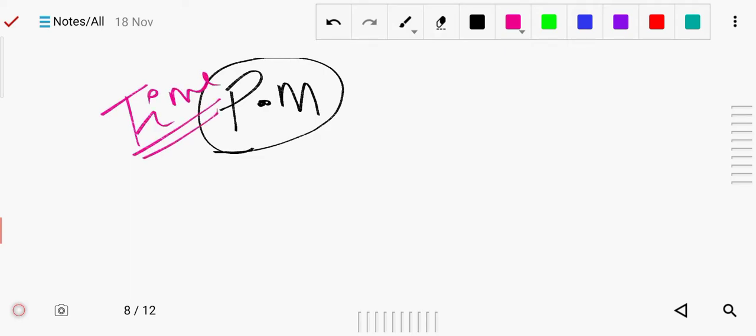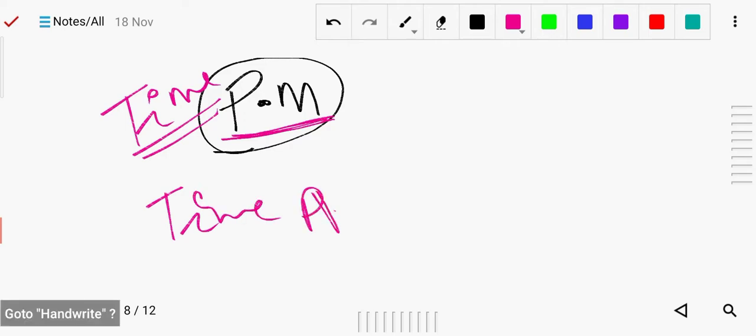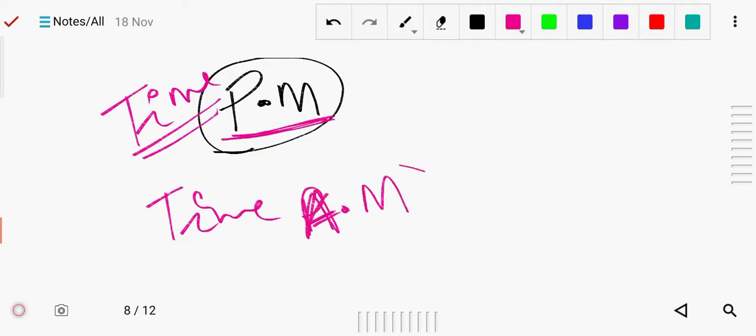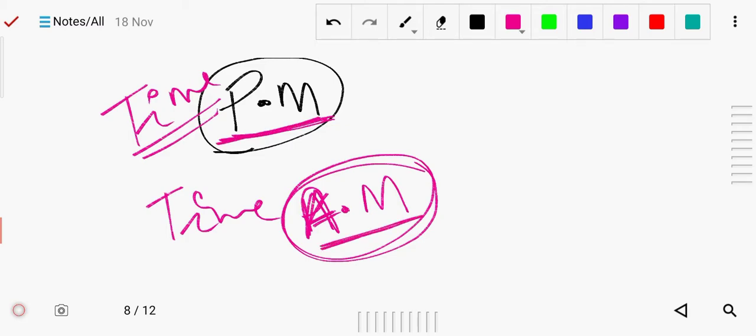Suppose in any question you have to subtract, and one time is given in p.m. and the other is given in a.m. In this type of question, you have to make the same kind of unit.